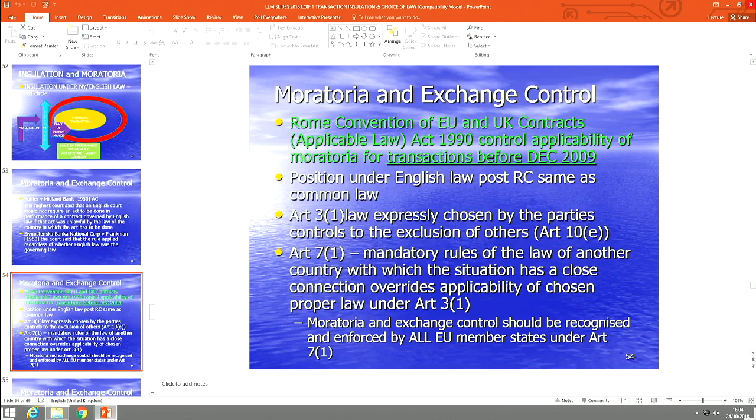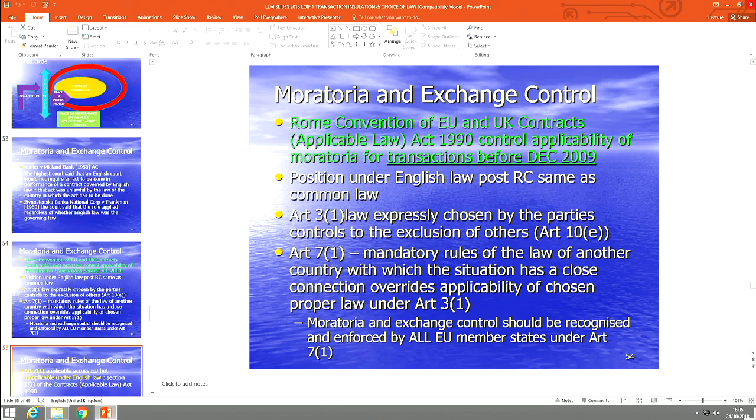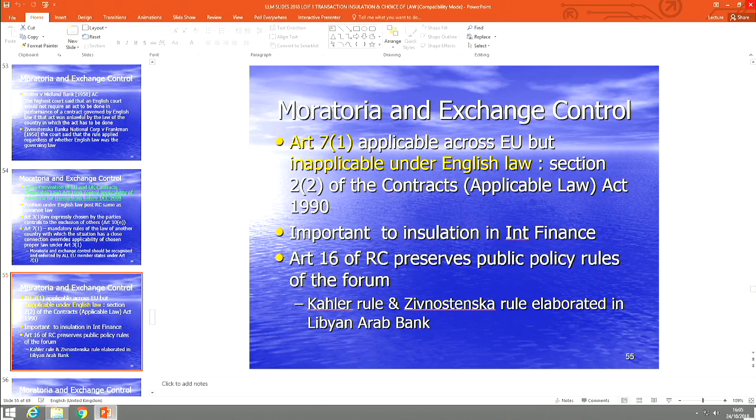Okay, I'm not going to go into all the detailed cases. I explained this Rome Convention difference about close connection before 2009, that the Rome Convention operated differently whether you chose German law, Italian law, French law on the one side, or English law on the other. And I made the point that Article 7.1, which makes a law system with which a transaction has a close connection applicable, under Article 7.1, is excluded as far as English law is concerned.